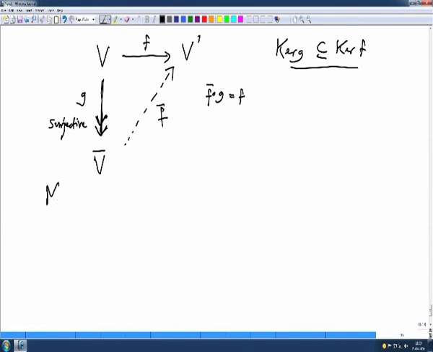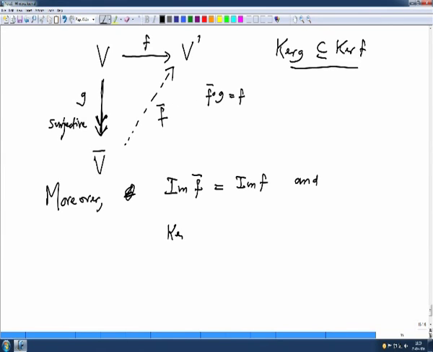But now I am adding something more to this. So, moreover, the image of this new map is the same as image of f. Image of f bar is image of f. And what is the kernel of the new map?